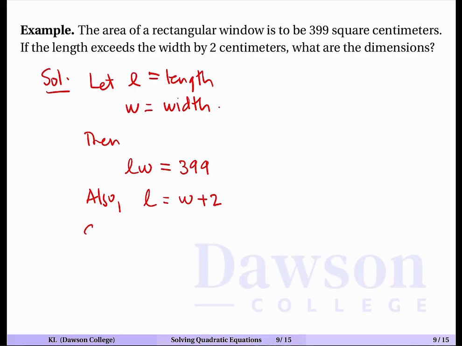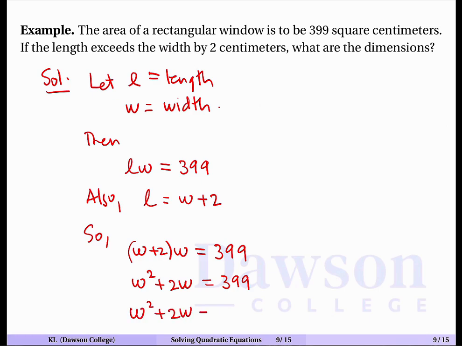This means we will have W plus 2 times W equals 399. Then we just solve this equation. We have W squared plus 2W equals 399, or W squared plus 2W minus 399 equals 0.